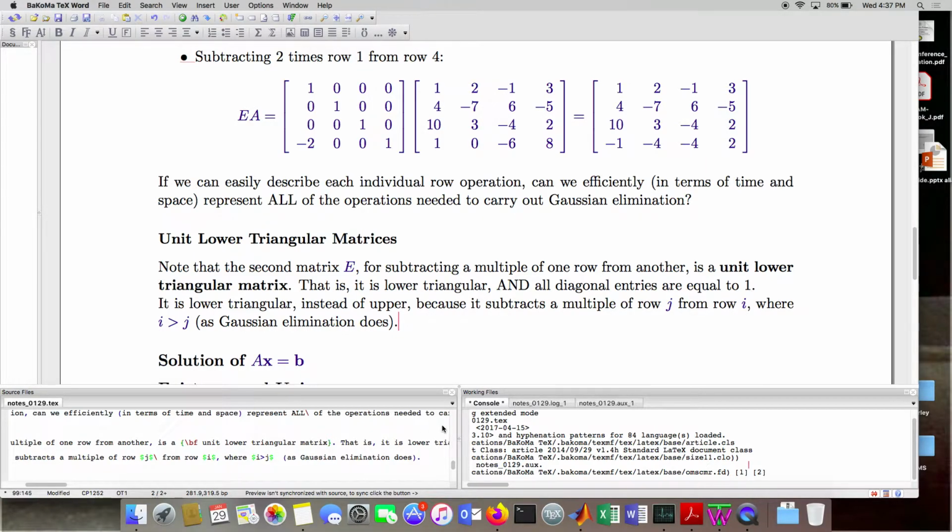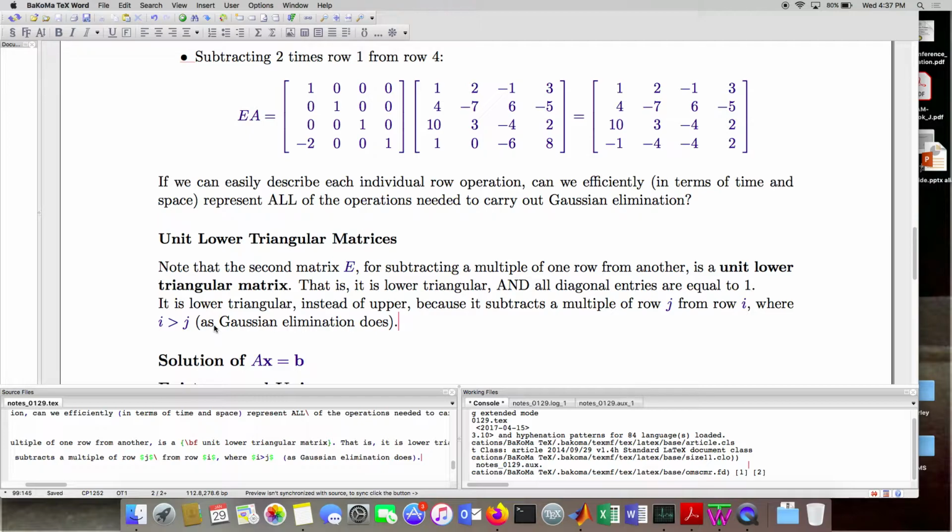You're trying to zero entries within a particular column, column J, that sit below the diagonal. So it's always going to be lower triangular. If I had been less than J, then we'd have a unit upper triangular matrix.